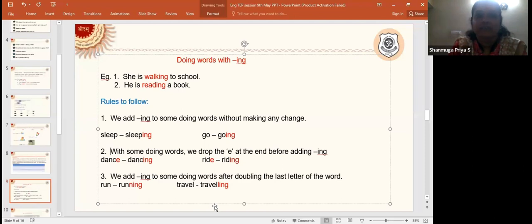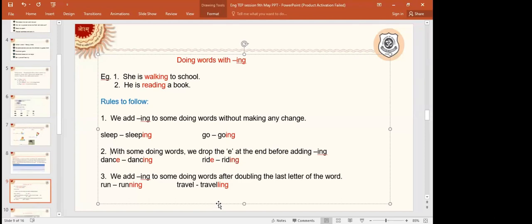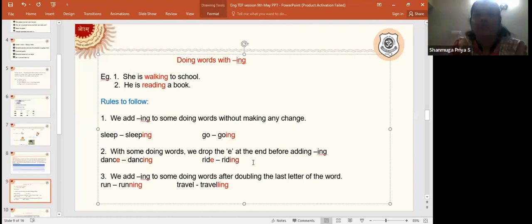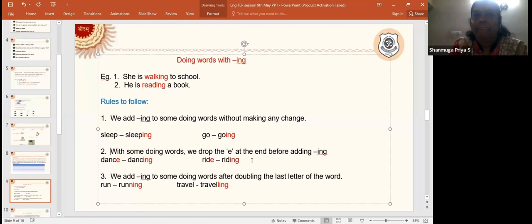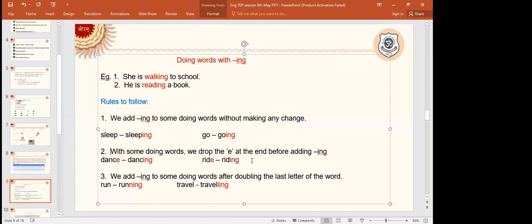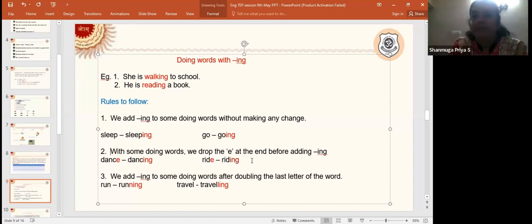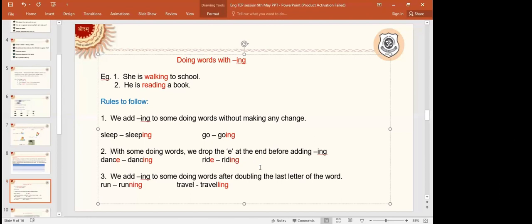Make, making. Use, using. Give, giving. Bake, baking. Move, moving. Smile, smiling. Very good, wonderful teachers.